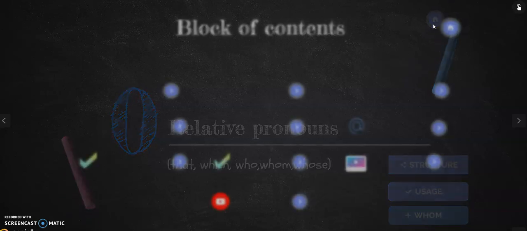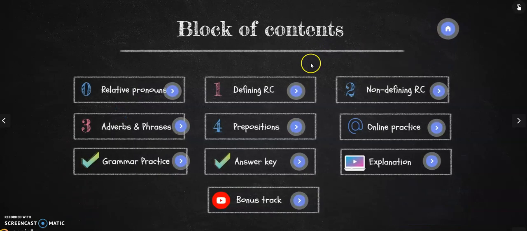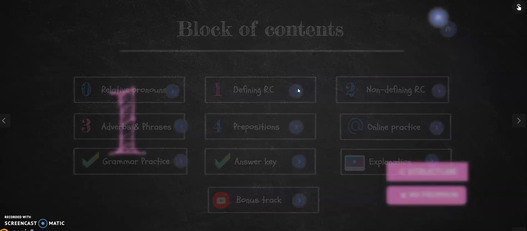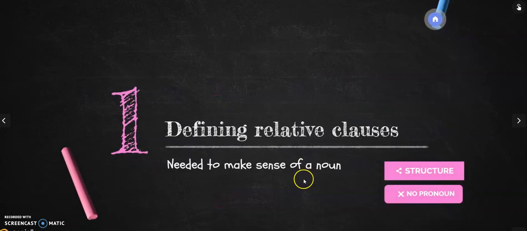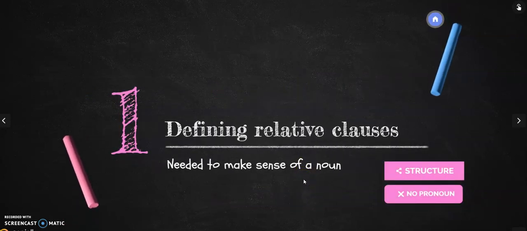Okay, we're going to move back to the block of contents. We're going to cover defining relative clauses now. Well, when we use a relative clause within a sentence, it may well be because we need to explain what a noun or a noun phrase is, right? We need that particular relative clause to make sense of a part of the sentence.